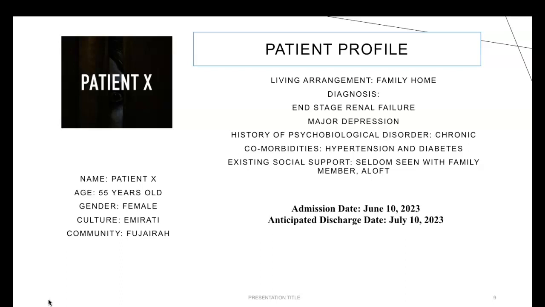History of psychobiological disorder includes chronic. Comorbidities are hypertension and diabetes. Existing social support is that the patient is aloof and is seldom seen with family members. Admission date of the patient was June 10, 2023, and the anticipated discharge date is July 10, 2023.